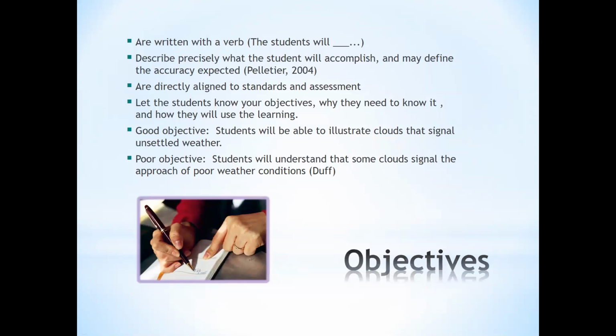learning. A good objective: students will be able to illustrate clouds that signal unsettled weather. A poor objective: students will understand that some clouds signal the approach of poor weather conditions. What is the difference, do you think, between those two objectives?